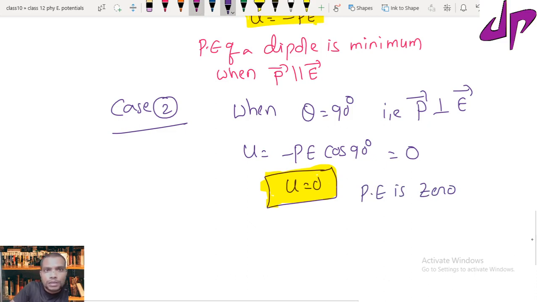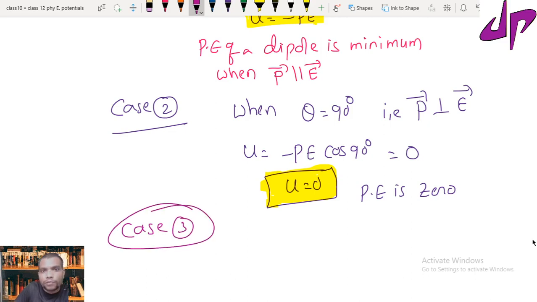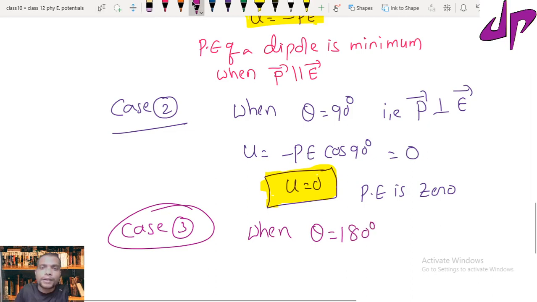Now let us take the final case, case 3, when theta equals 180 degrees. It's a dot product. When theta equals 180 degrees, the dipole moment and electric field are anti-parallel.